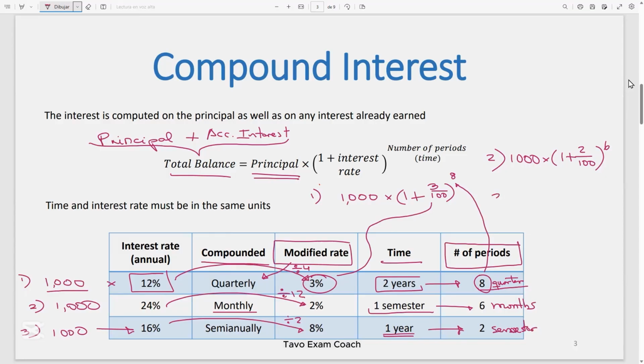So using this, your calculation this time would be the principal times 1 plus the modified rate of 8% up to exponent 2. And that's it. So that's a strategy you can use to work with a compound interest formula in GMAT questions. Let's see examples now.